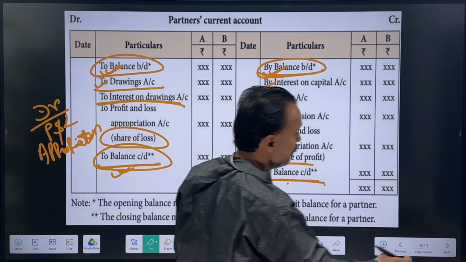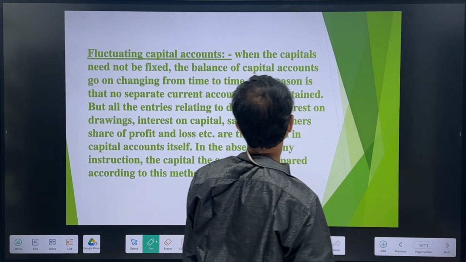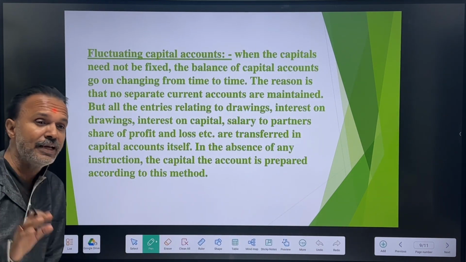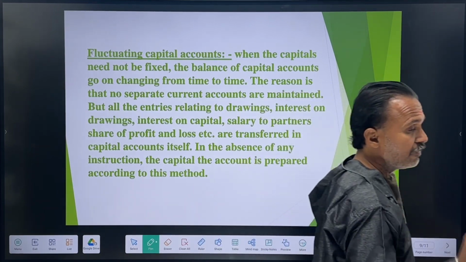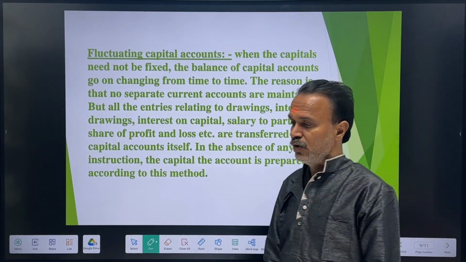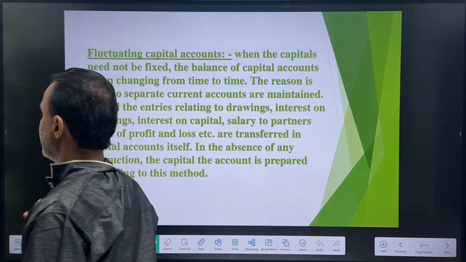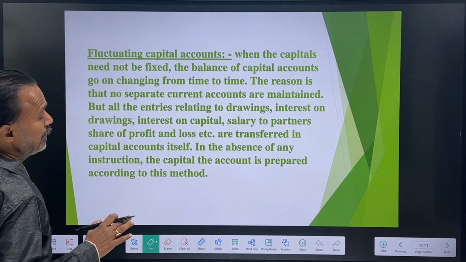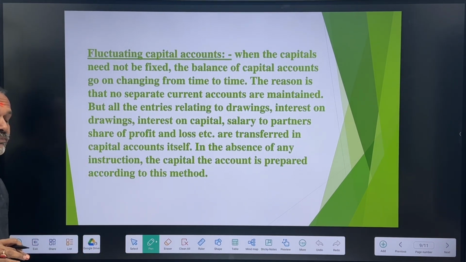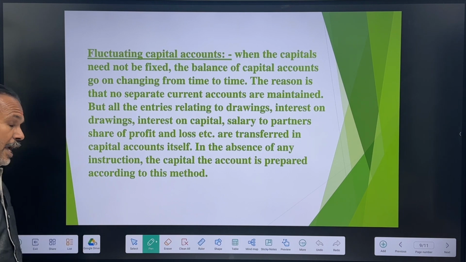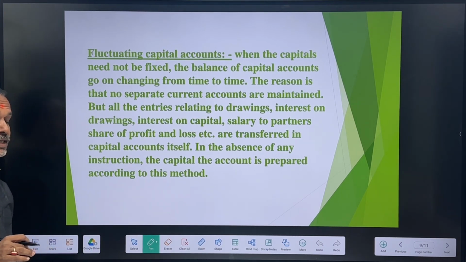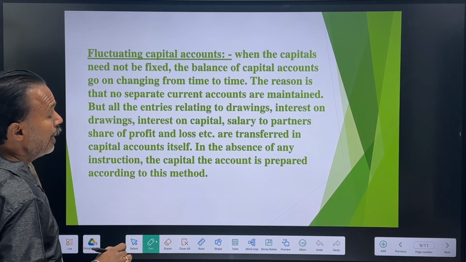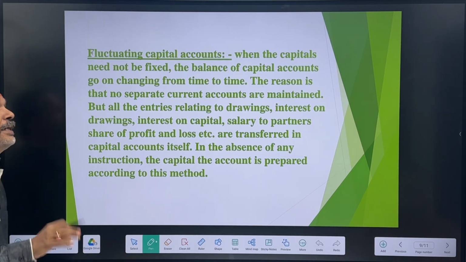Next, fluctuating capital account. In the case of fluctuating capital account, the original capital invested by the partners in the firm does not remain constant. It changes from time to time, and all items relating to drawings, interest on drawings, salary, commission, and profit distributed among partners, that is PL appropriation account, are shown in the capital account itself.